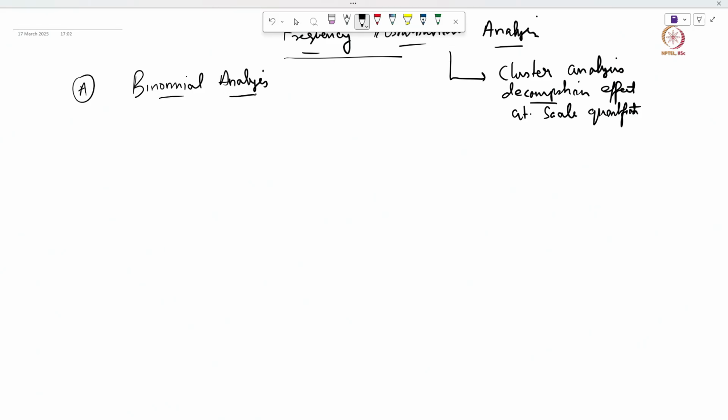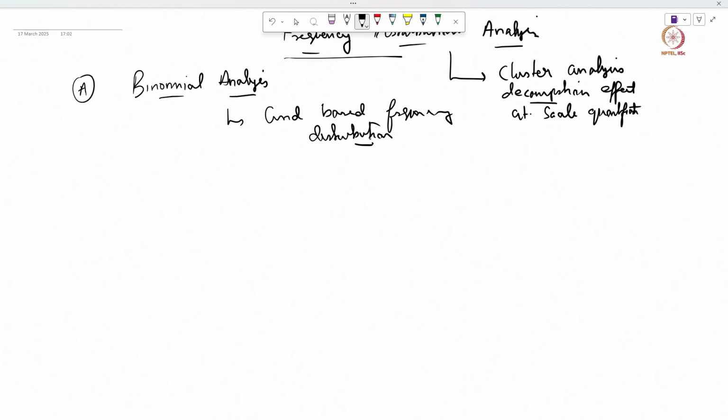This binomial analysis is nothing but a grid based frequency distribution technique.